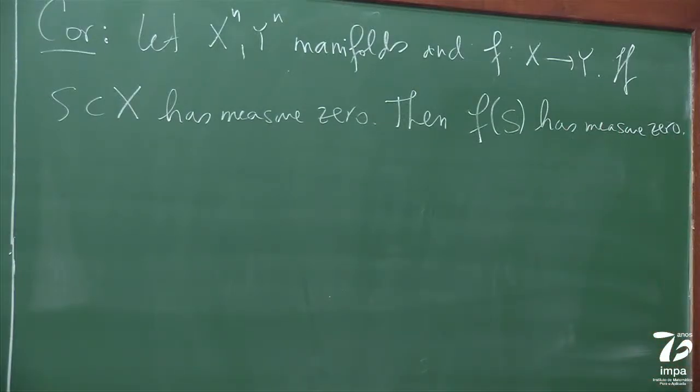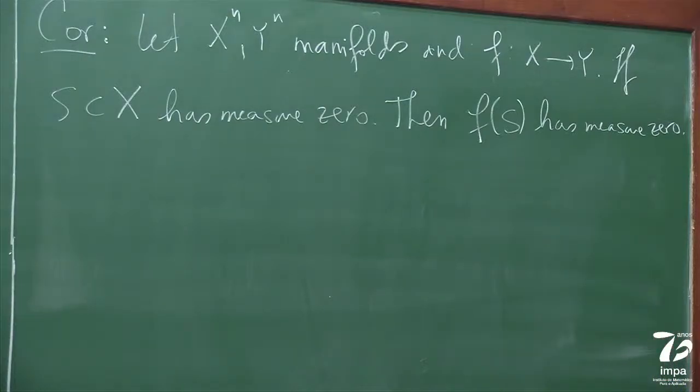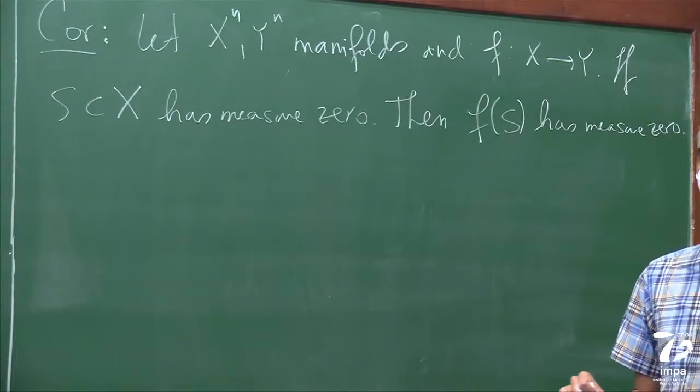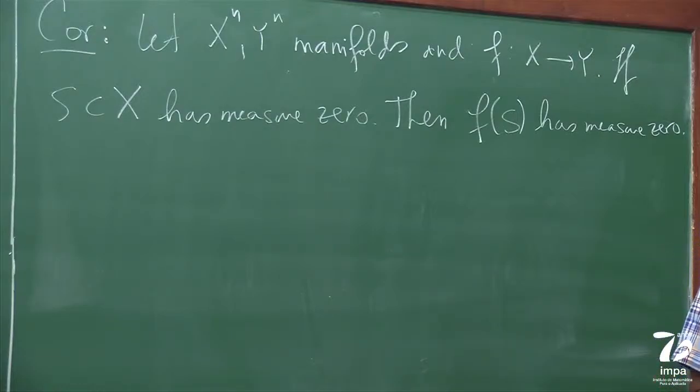The image is going to be measure 0, and if the sets are too big to fit in the chart, you can always take a countable union of open sets so that they are small enough to fit in the chart, so that you can really look at the map F as being a map from Rn to Rn. Okay? I think this should be a corollary that doesn't need a written down proof. But if you have any questions, please ask, and I can write down more stuff.